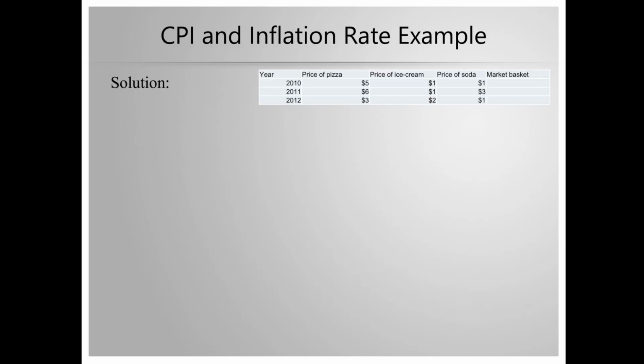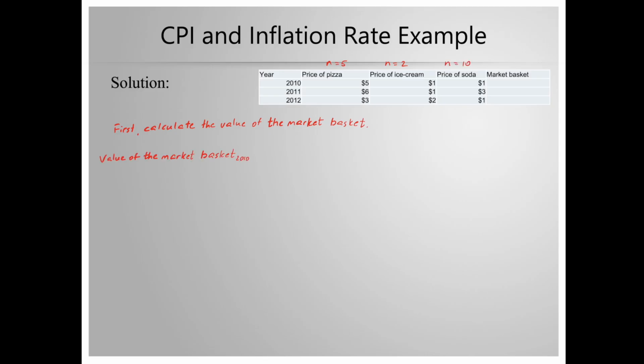Let's go over the solution to this problem. First, we need to calculate the value of the market basket. Remember that quantities in the basket do not change, only prices change. And the quantities were 5 pizzas, 2 ice creams, and 10 sodas.